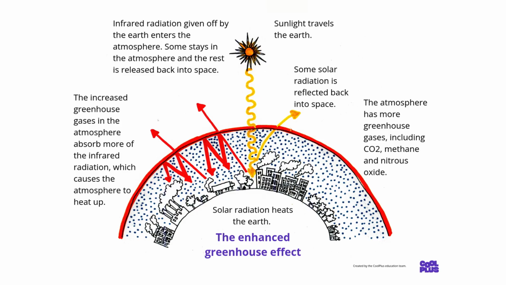And sometimes this is where students will get stuck, because they imagine that the greenhouse gases create the heat from nothing, but they don't. So they're like, oh, the greenhouse gases are there, and that's what's making it hot. But that's not the true effect. Remember, the greenhouse gases redirect and absorb some of the infrared radiation that the Earth is releasing.